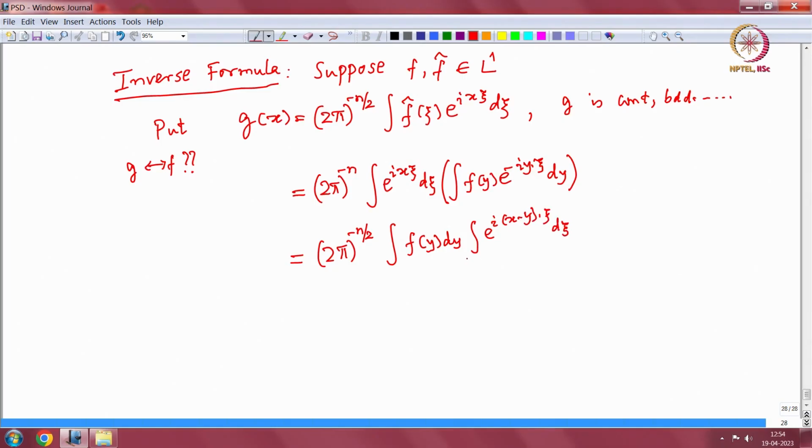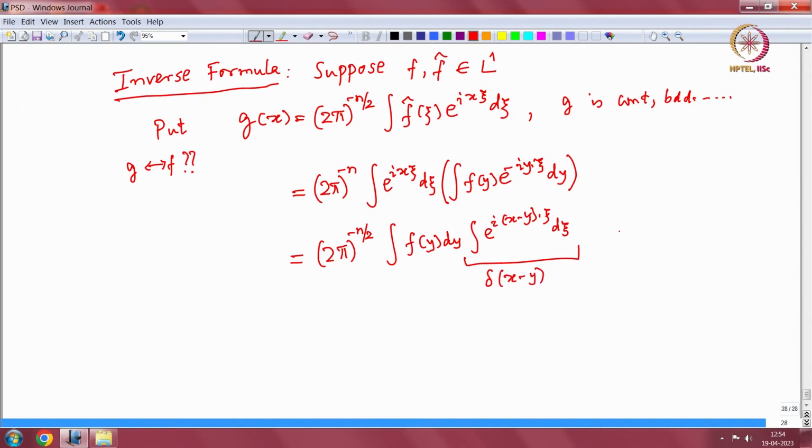As of now we cannot make any sense out of this, but as we develop the new theory of distributions and tempered distributions, indeed we can give a meaning to this, along with this factor, as again the Dirac delta function comes into play.